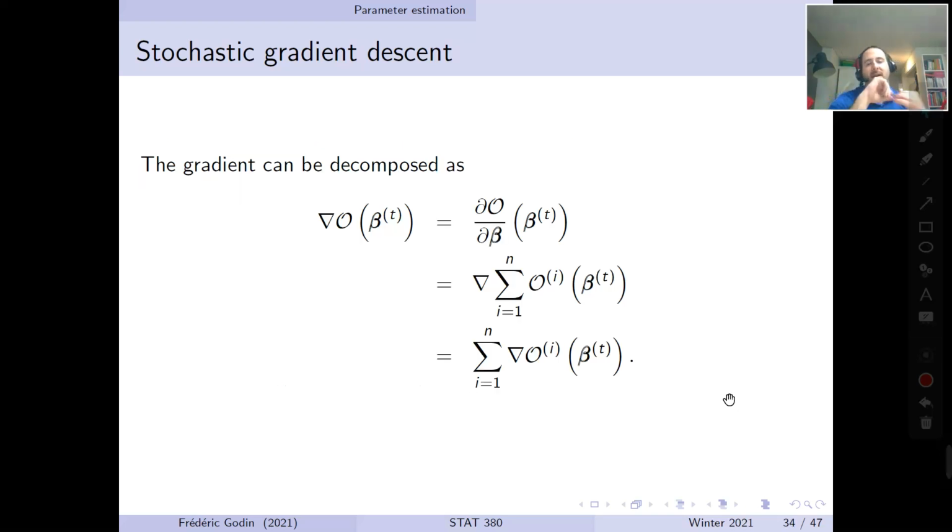So the gradient of the objective function, which is the vector of partial derivatives with respect to each parameter, if O can be decomposed into this sum, then we can take the gradient and enter it inside the summation, and the gradient would be represented as the sum of the gradient of each of these components, O_i.